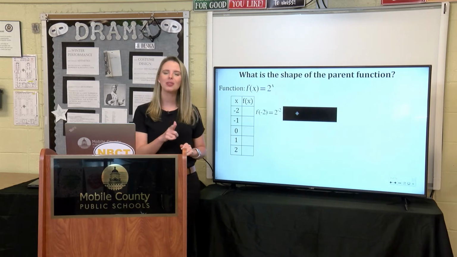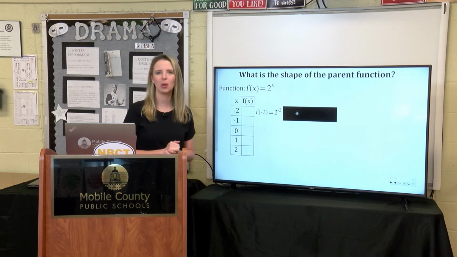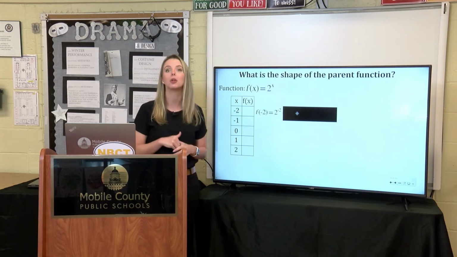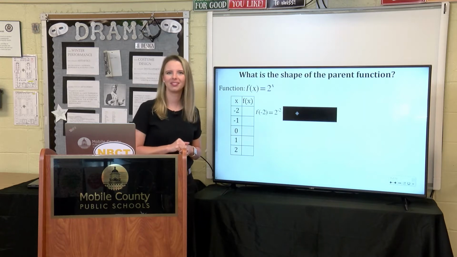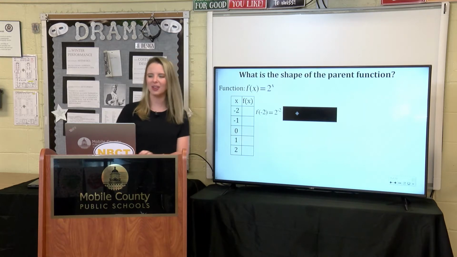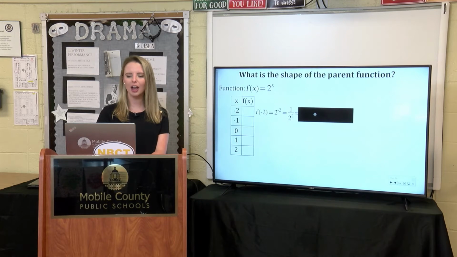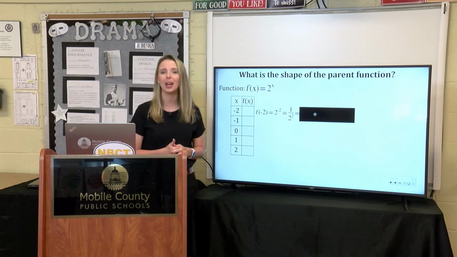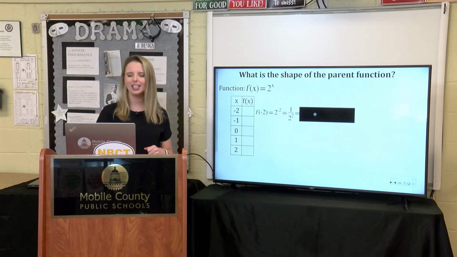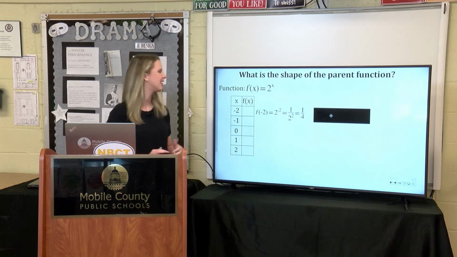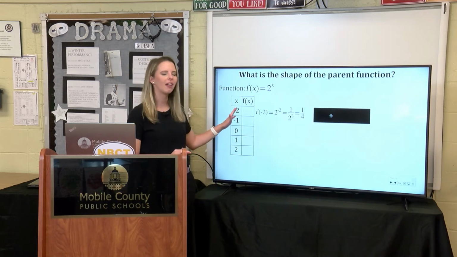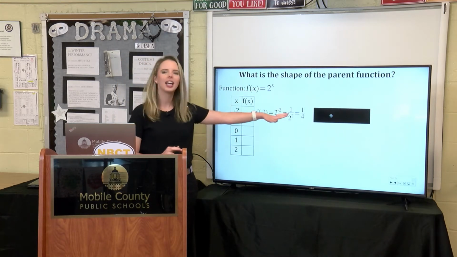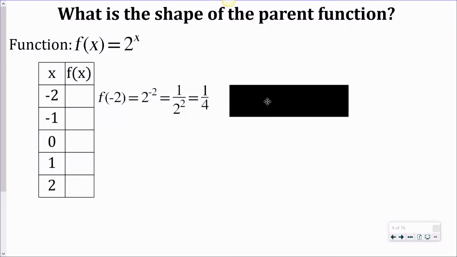What happens with a negative exponent? What do we do to make it positive? We move it to the bottom. That's right. So now we have 1 over 2 squared. And what is 2 squared? It's 4. So our answer is 1/4. So -2 evaluated in the function 2 to the x generates 1/4.